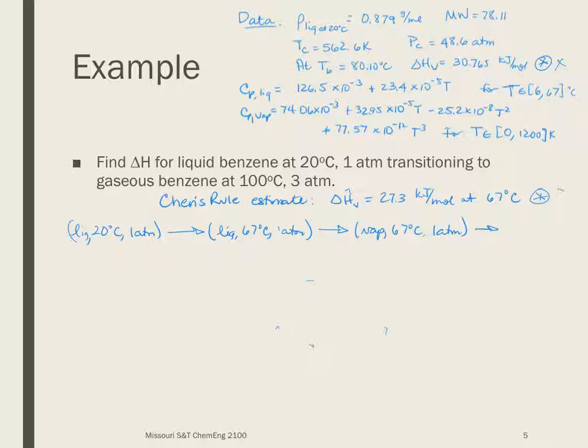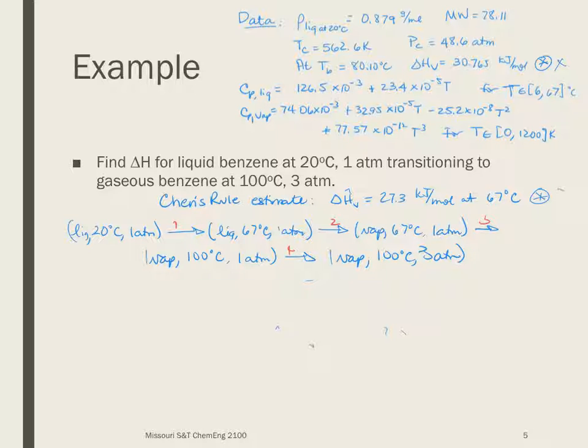And then I've got this vapor at 67, so I'll heat the vapor to 100 degrees C, 1 atmosphere. And then I'm going to change the vapor from 100 degrees C, 1 atmosphere to 100 degrees C, 3 atmospheres. So I've got several different steps here: 1, 2, 3, 4, various steps.